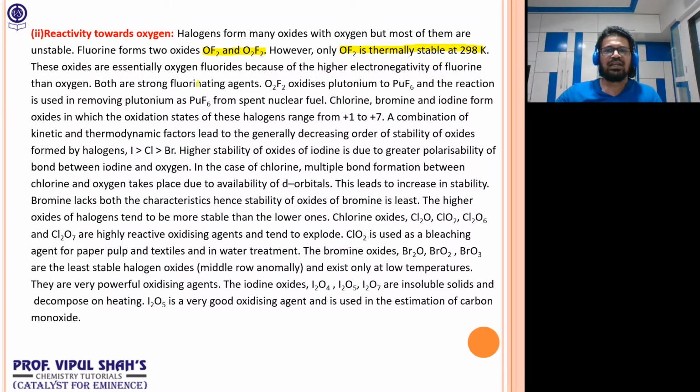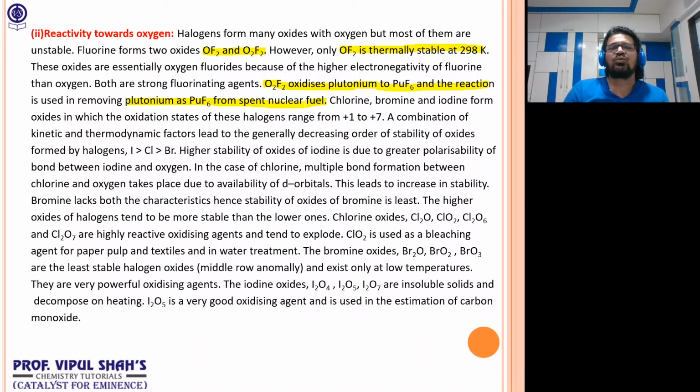Both are strong fluorinating agents, and now the important uses: see this part. O2F2 oxidizes plutonium to plutonium hexafluoride, and the reaction is used in removing plutonium as plutonium hexafluoride from spent nuclear fuel. In nuclear reactors, the material used is the plutonium compound.